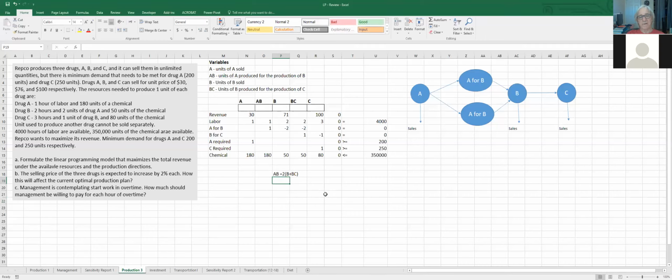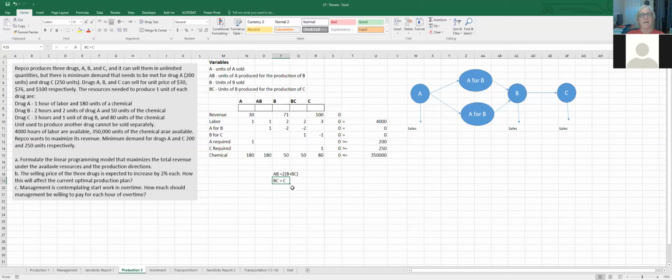In addition, now you produce B units that are dedicated for the C product. I call it BC. They are equal to exactly how many units of drug C you produce. That's in the problem, and you read it, that's the description of the process. These two constraints are the constraints that were new to you.